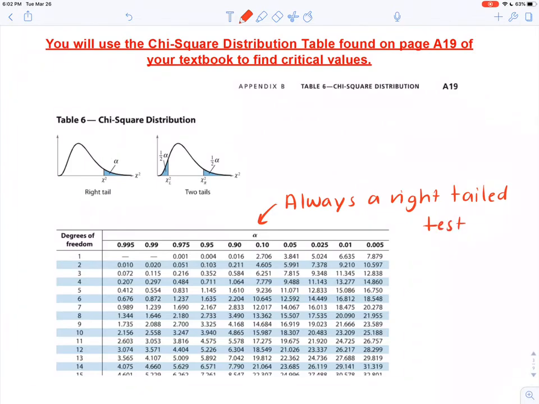But this is good because when you go to the chi-squared table, you do need to always make sure that what you have is an area to the right. And then chi-squared does have degrees of freedom associated with it. And for this test, that will always be k minus 1, where remember k is the number of samples that you have to compare.